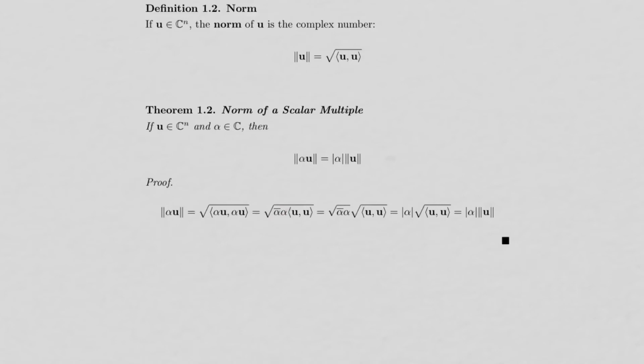Then I can use properties of square roots and split this product into the product of two roots. This one is defined to be the modulus of α, and the square root of the inner product of u with itself, well, that's just defined to be the norm, and so the theorem is proved.